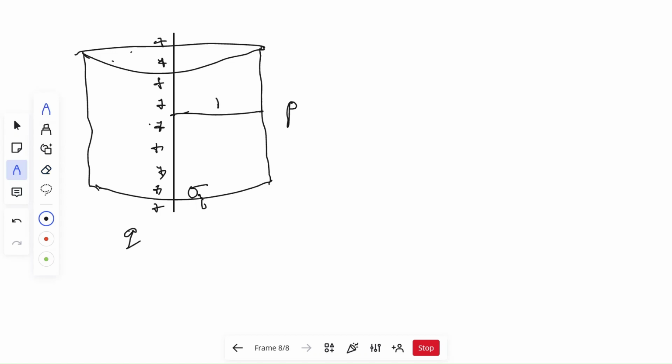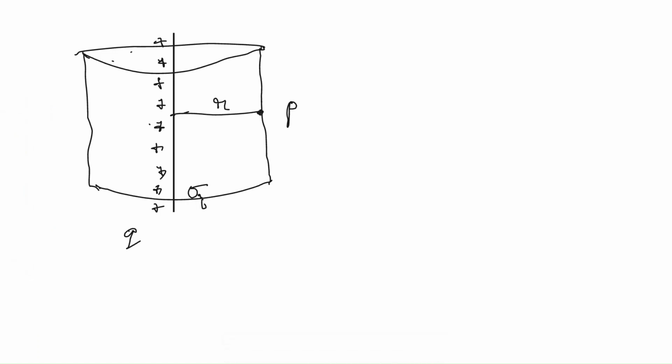So this is a cylindrical surface. The cylinder is closed at both the ends. The surface of this cylinder is the Gaussian surface.